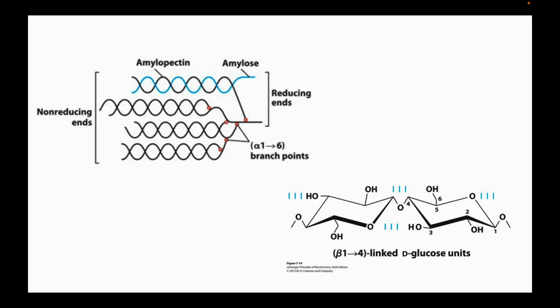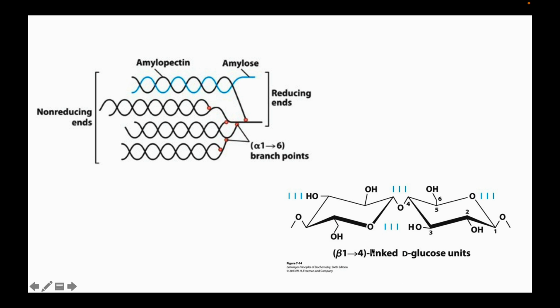Cellulose is an unbranched chain of beta 1,4 linked D-glucose units. Our body doesn't break the beta 1,4 linkage. That's why we eat cellulose as fiber, to increase the fiber in our diet, but it is not digested by our body.